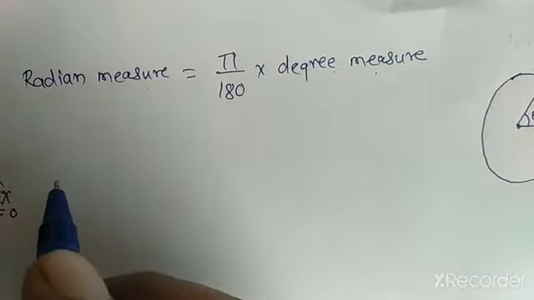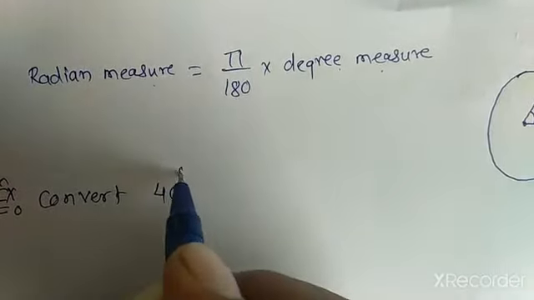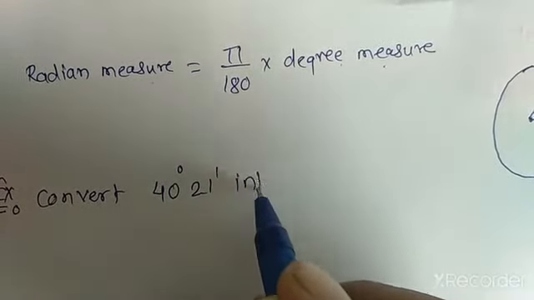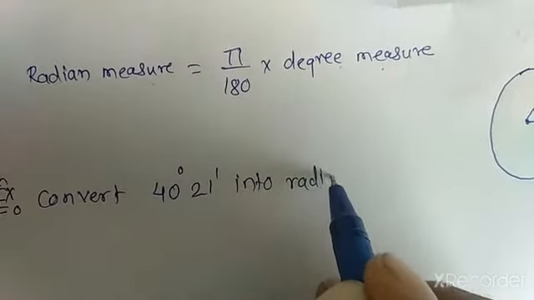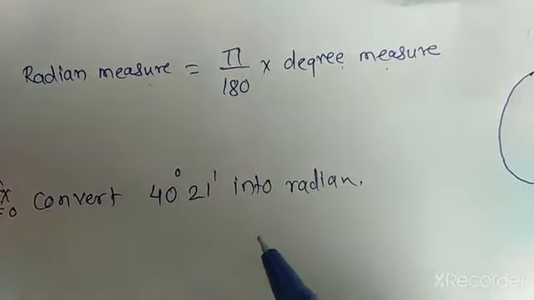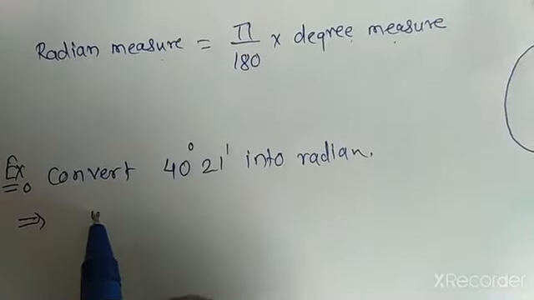In the first example, convert 40 degree 20 minute into radian. We have to convert it into radian.